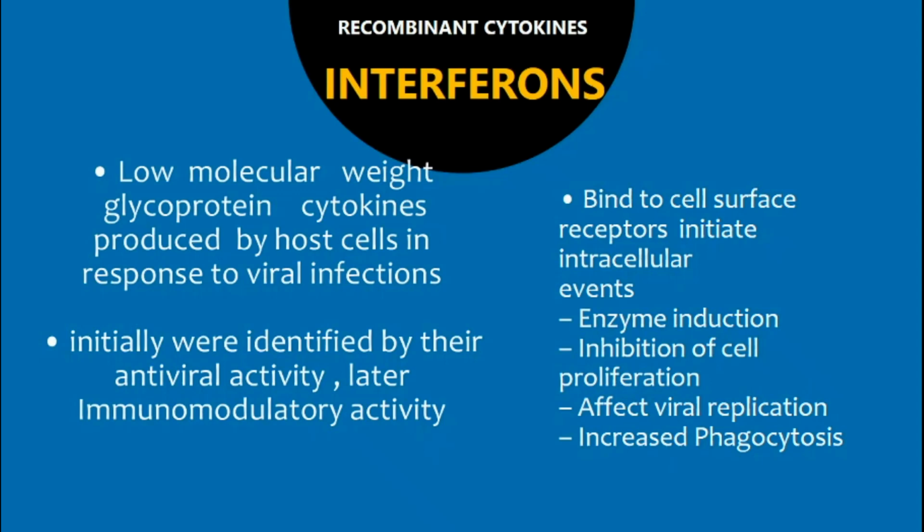They bind to specific cell surface receptors that initiate a series of intracellular events like induction of enzymes, inhibition of cell proliferation, effect on viral replication, and increase in phagocytosis.